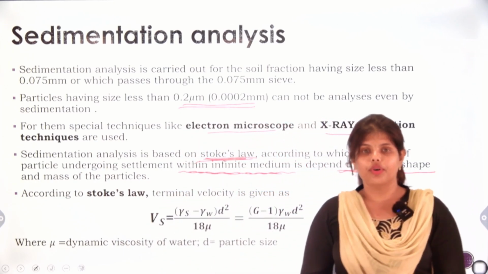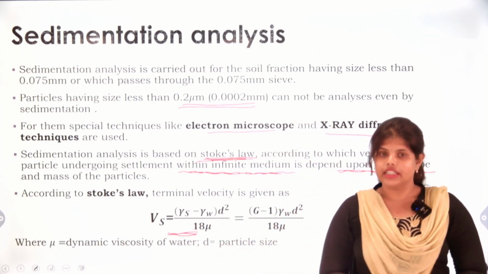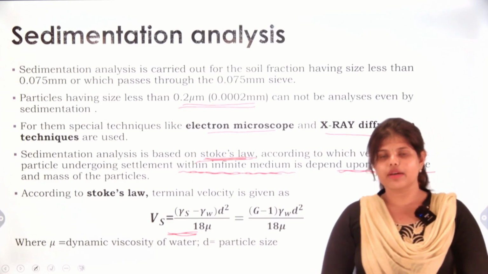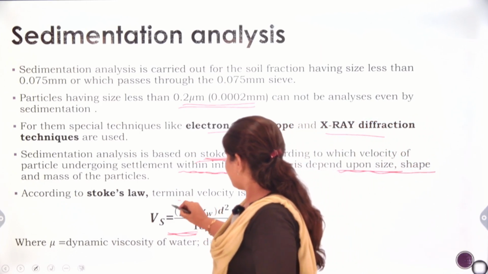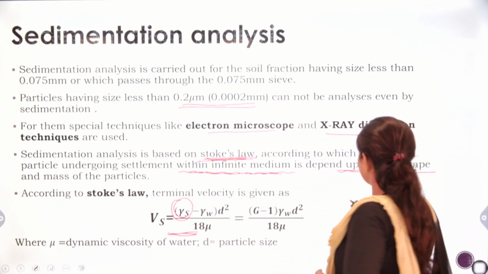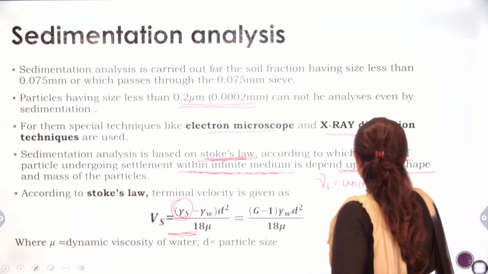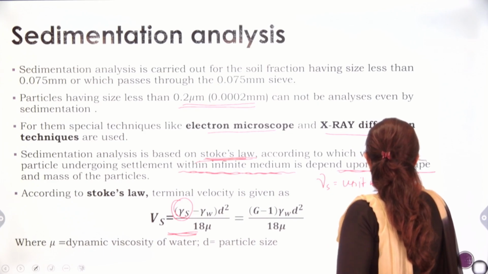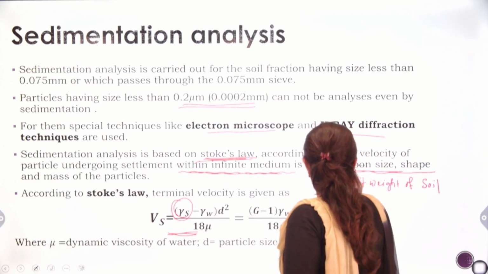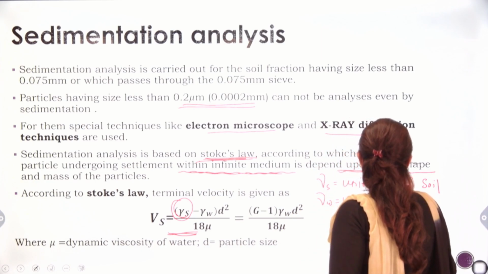So the formula for Stokes law is here. We will calculate the velocity here. So the velocity will be gamma s minus gamma w. So what is gamma s and gamma w? We represent gamma as unit weight, and gamma s is the unit weight of soil solid, and gamma w is the unit weight of water.